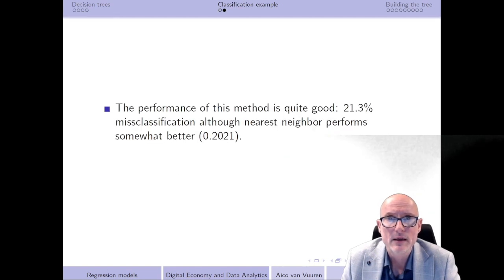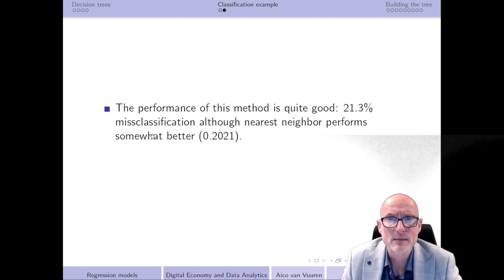Then finally, the performance of this method is also actually quite good, because at the moment that we look at the test risk, that is actually equal to 21.3%.